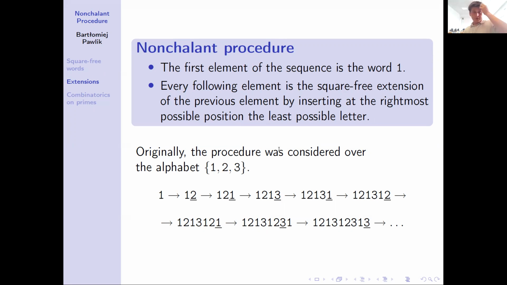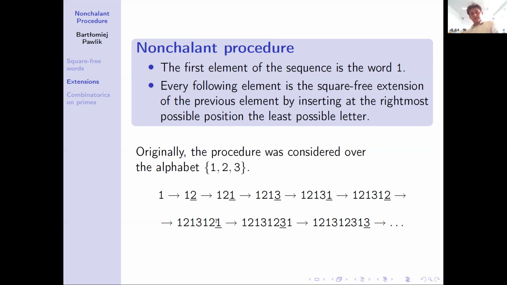The procedure was considered over the alphabet 1 to 3 in the Gryczuk, Kordulewski, and Niewiadomski paper, and it goes like this. Firstly, we have the 1, and then we extend it at the rightmost position by 2, because if we put a 1 here, we would generate a square. And then we can put the 1, 3, and so on until we get the word over the alphabet 1, 2, 3.